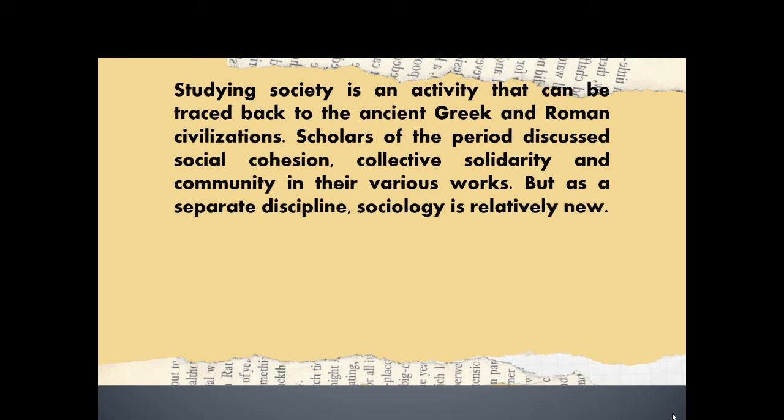Sociology through the years. Studying society is an activity that can be traced back to the ancient Greek and Roman civilizations. Remember that Greek and Roman civilizations pioneered the scientific method of observation, studying the occurrences and phenomena around them. And then also they continued to do that and prospered in interpreting what is happening in their environment, in nature, and the affairs of the people.